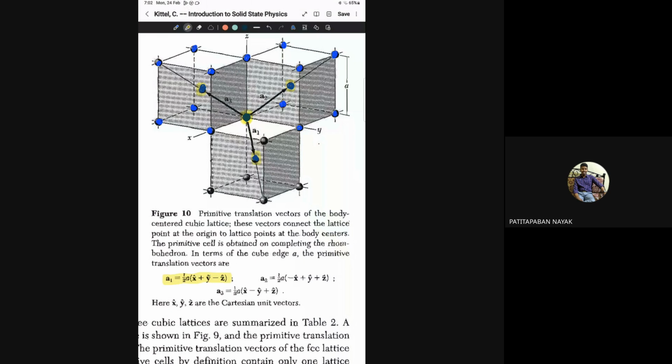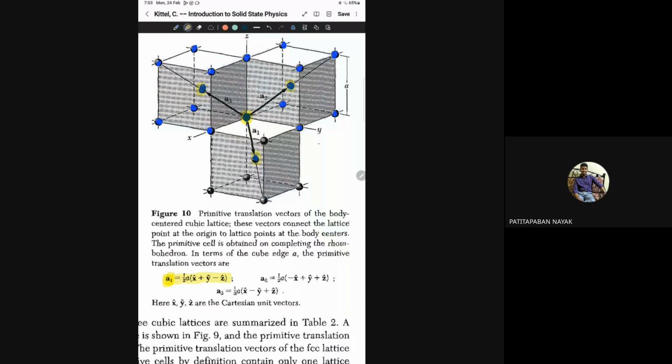Yes, sir. So these primitive cell vectors A1, A2, and A3 can be expressed in terms of the unit cell dimension. What is this relation actually telling? A1 is the primitive cell dimension, and it is expressed in terms of a, where small a is the side of the cube, which is the unit cell dimension.